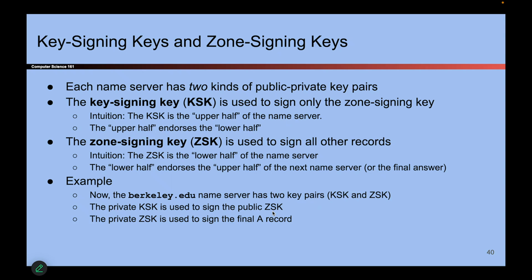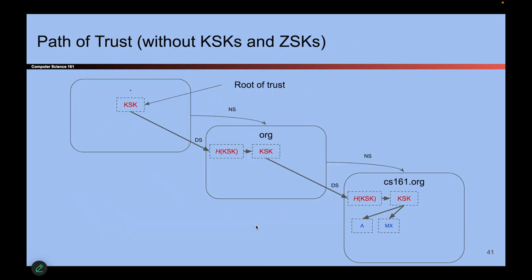That's the lower half's public key. So it sounds complicated, but it is just a certificate that says, if you trust the upper half, I'm going to sign the lower half's public key. Now you trust them too. And then the lower half could delegate trust to someone else, or they could just sign the final answer if needed. So the resulting structure is basically the same certificate chain, but everyone signs twice instead of once.